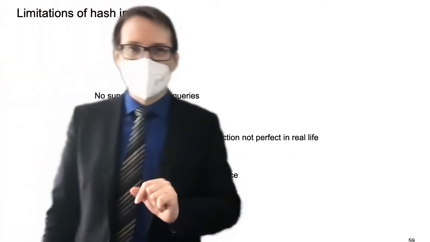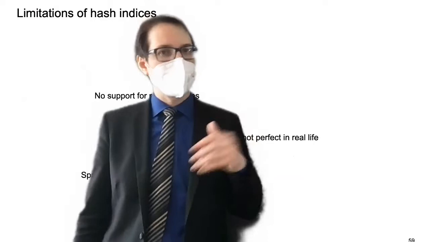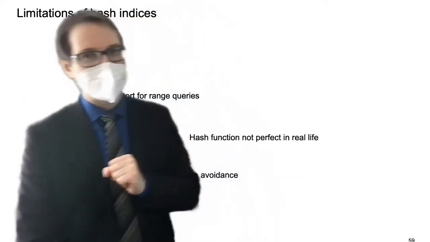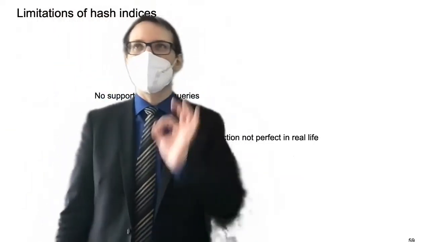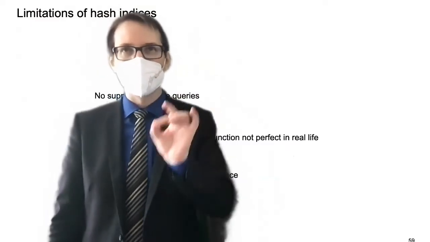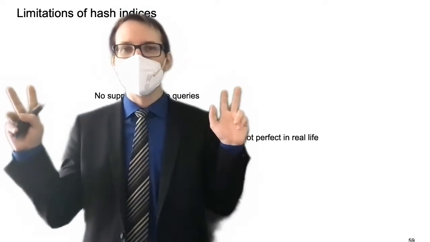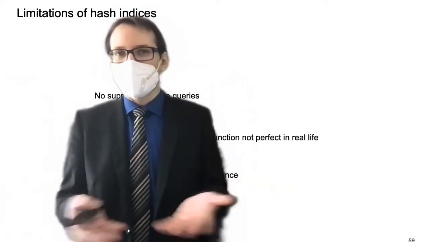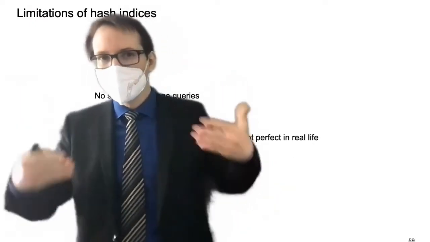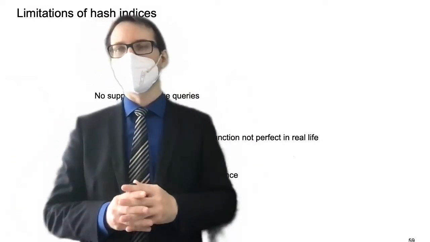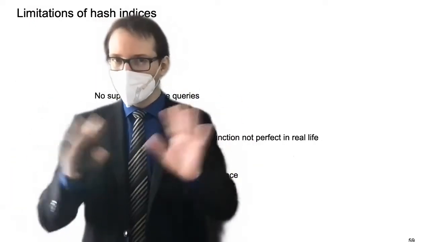Also, in real life, the hash function isn't as magical as we would like it to be, because it would be awesome if the hash function never collided. Like if you give two different inputs, it never gives you the same position. That's the wish list. In real life, it happens that there is a collision and two values land in the same position in the table. That's okay. We know how to deal with it.